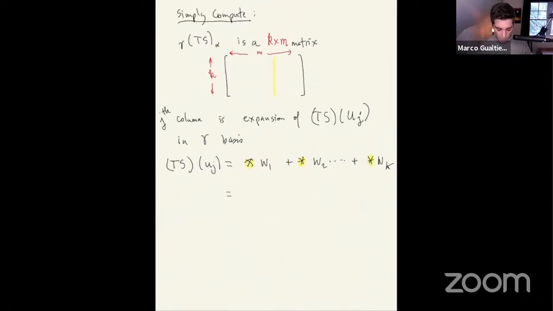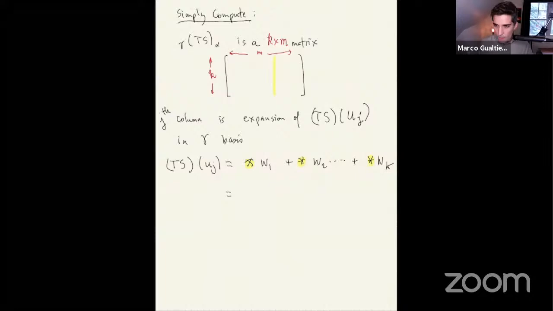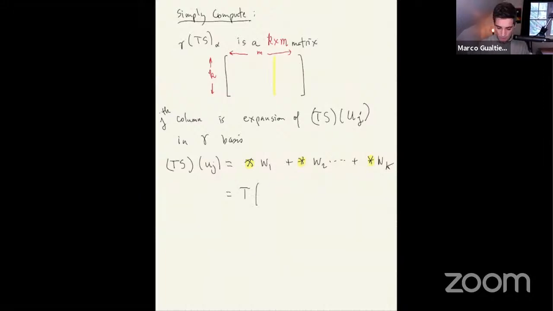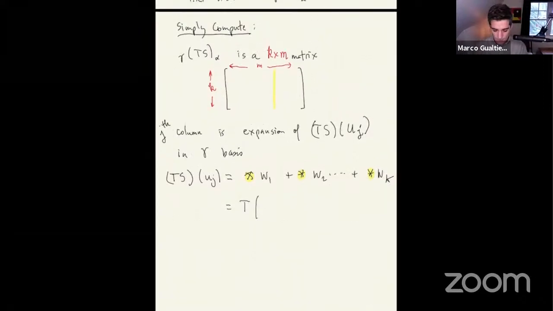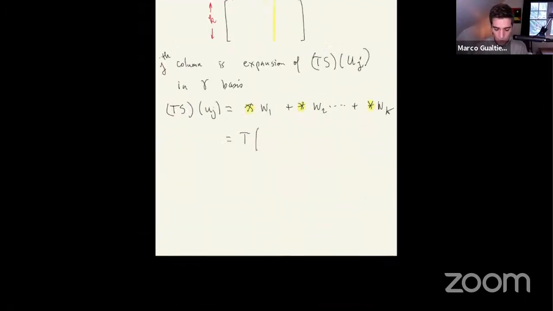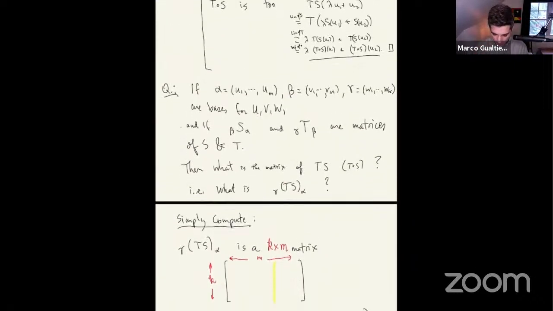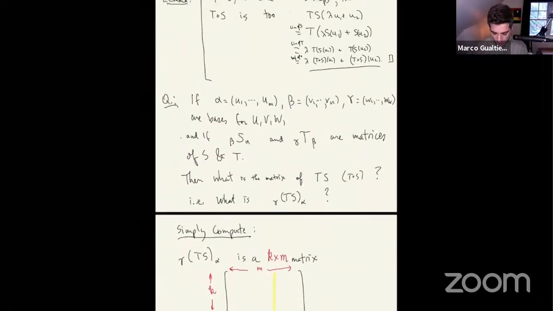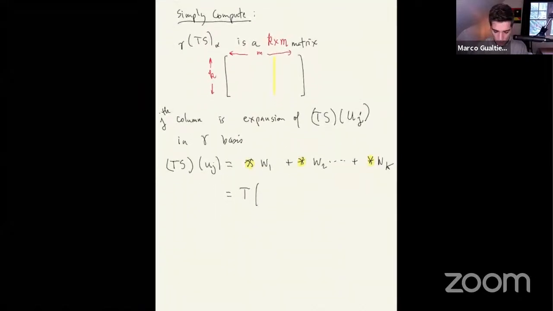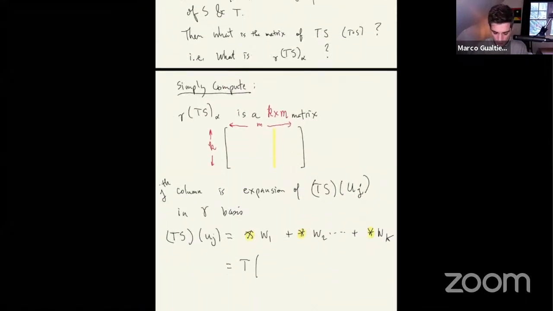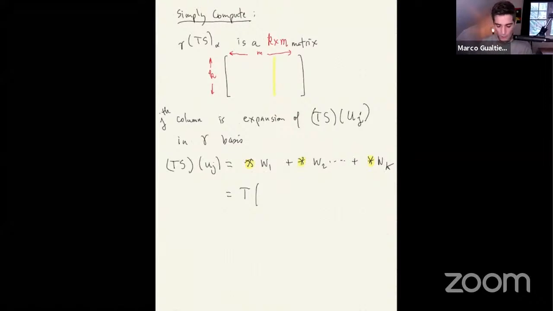Okay, so what are these? Well, I'm going to just do it as before. So it will be T applied to what? Here I'm going to need to know what S of Uj is.